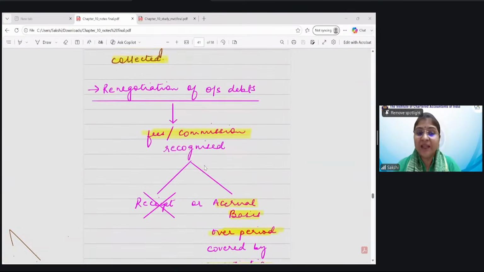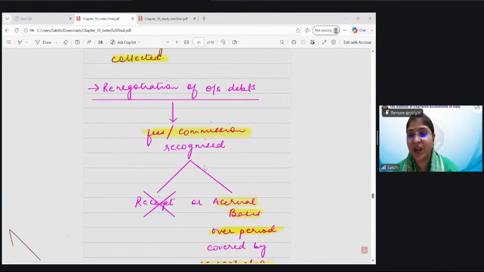All right. Now coming to renegotiation of outstanding debts. Again, a very important concept. See, there is a loan that you had to return tomorrow to the bank. That is, the due date is tomorrow. But you go to the bank and say, bank, I will not be able to return this loan money to you tomorrow.